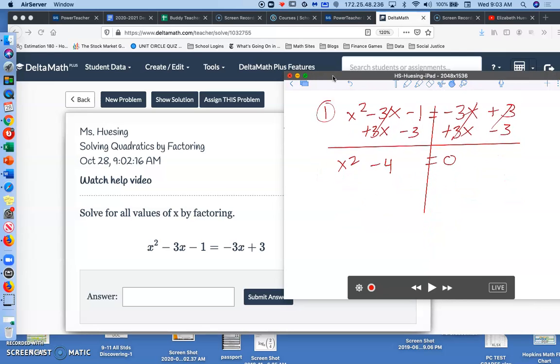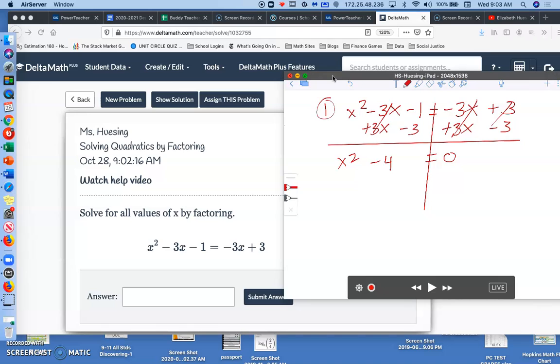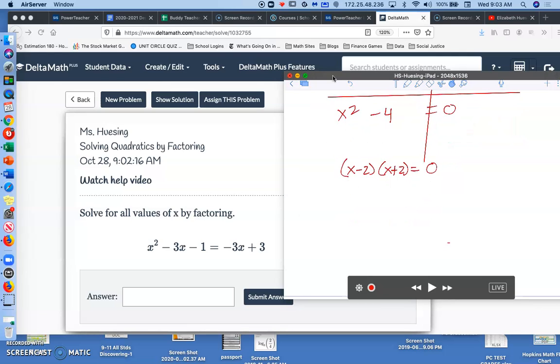And what some of you may recognize is this is a difference of squares. So we don't have to box and circle to factor this. We can just say it factors into x minus 2, x plus 2 equals 0. And then we set each parenthesis equal to 0. So x minus 2 equals 0, and x plus 2 equals 0.